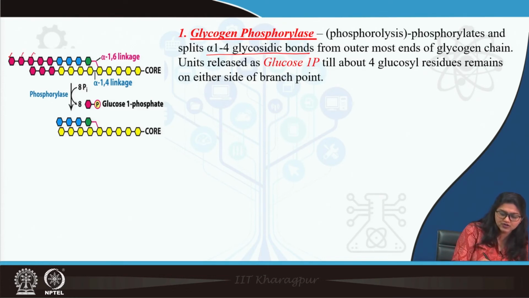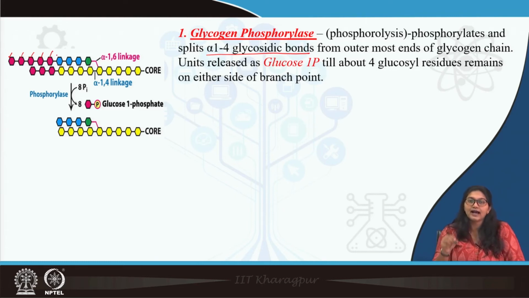these are the glucose molecules present in glycogen chain. Now, these glucose molecules one by one are released by breaking down alpha 1,4 glycosidic bond and released as, not glucose, released as glucose 1 phosphate.